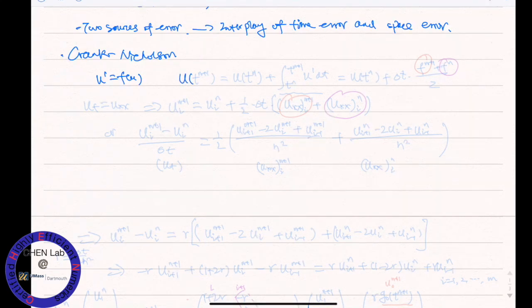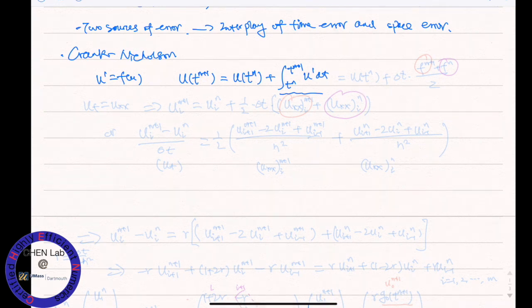We have u at t_{n+1} equal to u at t_n plus the integral from t_n to t_{n+1} of u prime dt. So solving this is about how we integrate this numerically.